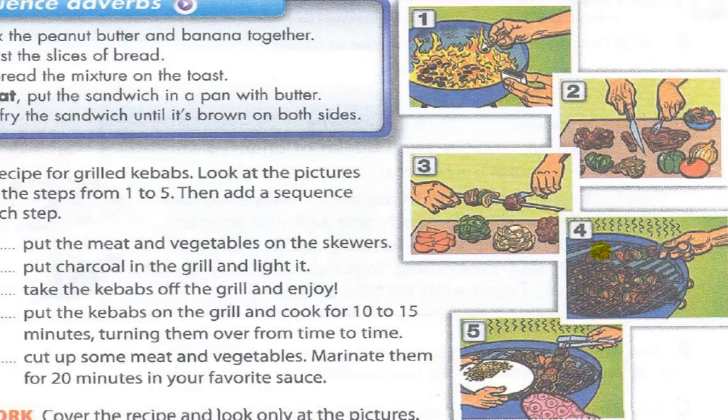After that, put the kebabs on the barbecue and cook for 10 to 15 minutes, turning them over from time to time. Finally, take the kebabs off the barbecue. And enjoy.